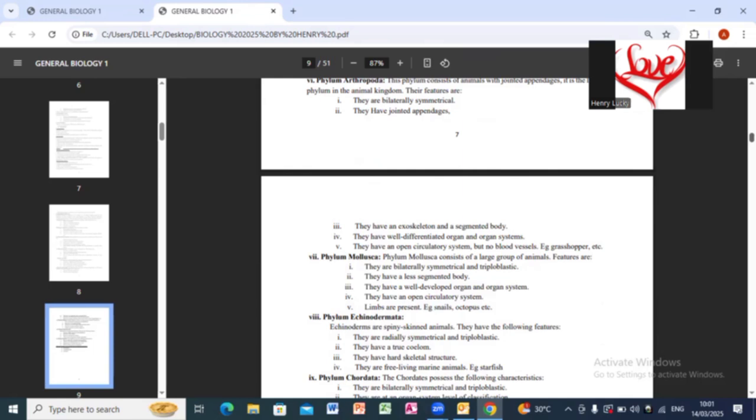They have three layers of cells, which makes them triploblastic in nature, and they have a less segmented body. Limbs are actually present. Examples of these are octopus and snails.